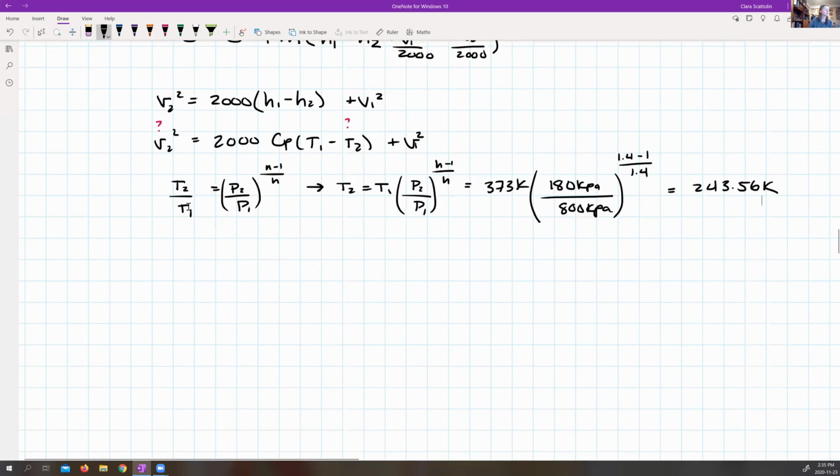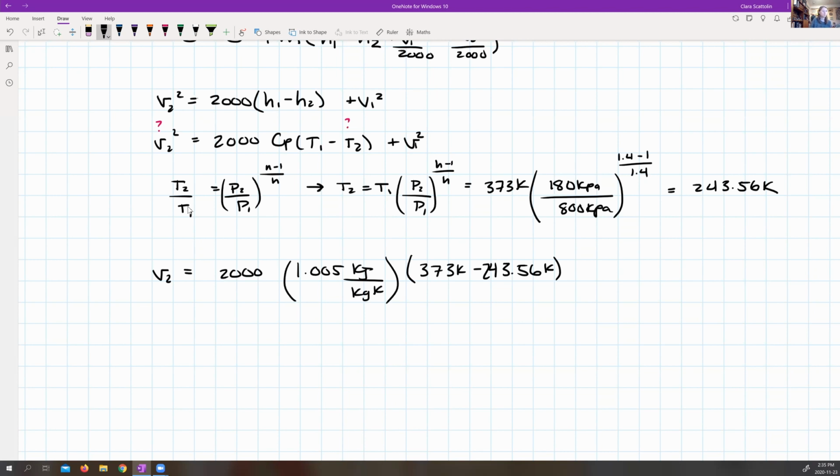And if I substitute my temperature in, I'm going to see that V2 is going to be the square root of 2000 times my Cp, which was 1.005 kilojoules per kilogram Kelvin, times my temperature difference, 373 Kelvin minus 243.56 Kelvin, and then plus my velocity term, 25 squared.